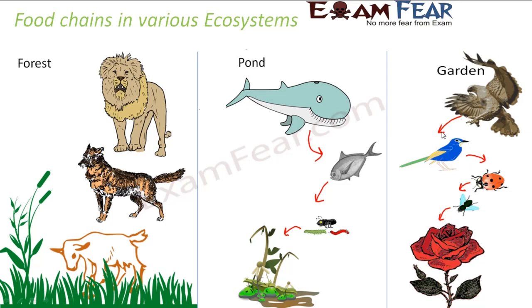This is a food chain which exists in your garden. These are some examples of food chains in different ecosystems. Similarly, you can think of food chains in many other ecosystems, for example in an ocean, or in a river, or maybe in a zoo or aquarium. Everywhere you can think of such food chains, because these kinds of food chains exist in every ecosystem.